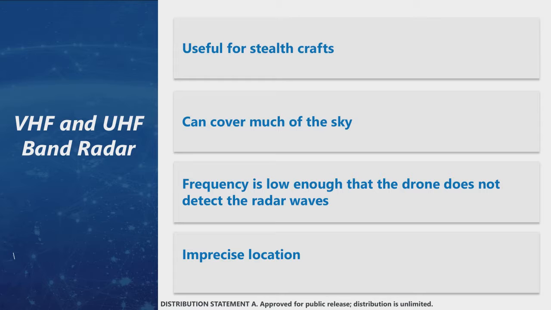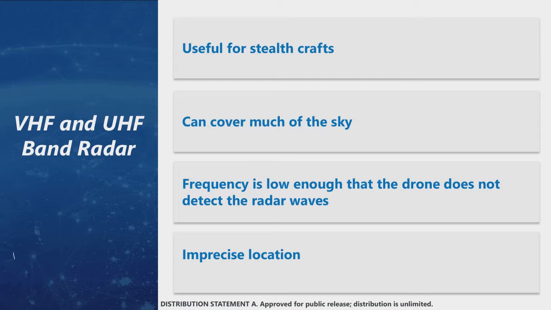And then VHF and UHF radar. Some of the benefits to that is that it's useful for stealth craft. Craft that are trying to fly, quote, under the radar will have a more difficult time dodging VHF and UHF radar. They can cover much of the sky, and the real nice thing with this is the frequency is low enough that the drone does not detect the radar waves.